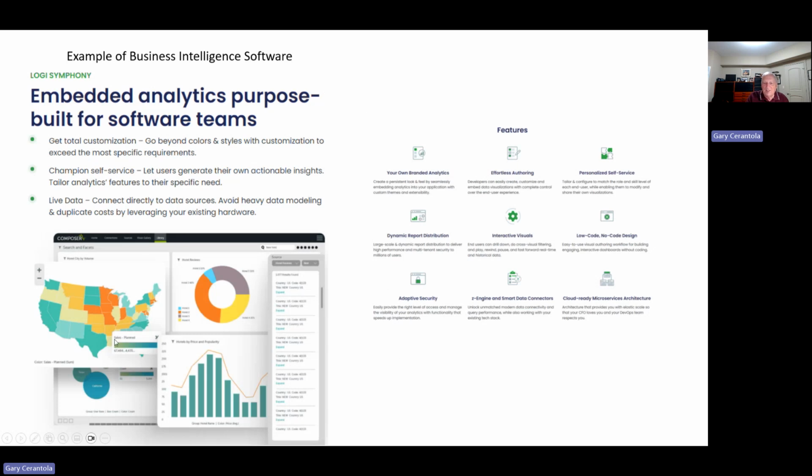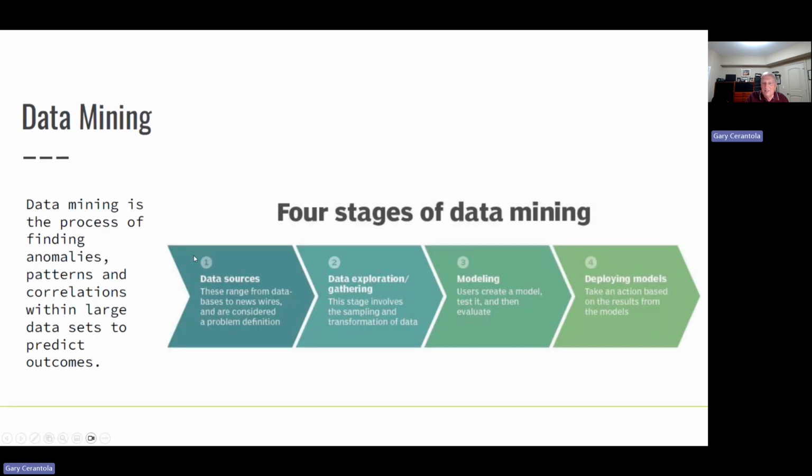And then here's just an example of embedded analytics, purpose built for software teams. This is for business intelligence to really understand what's going on. And you really should understand how do you data mine, and then how do you put data in one source, so that it's not compromised, that it's not corrupted.